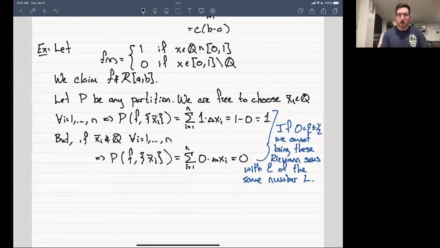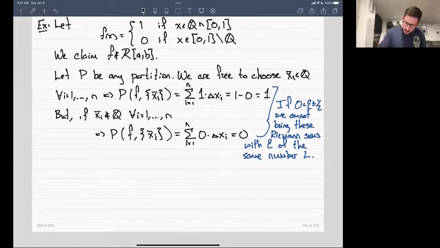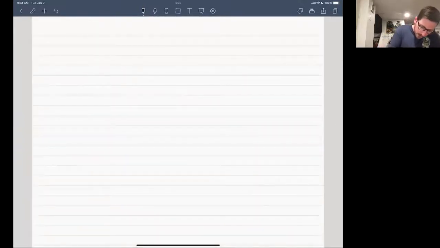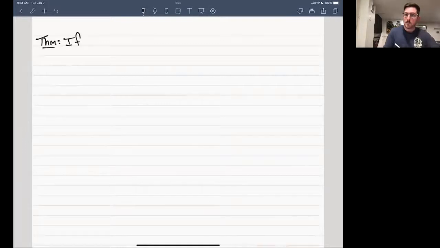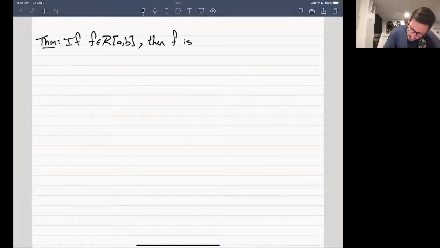Let's take a look at a theorem here. This one is going to help us characterize some of the functions that are Riemann integrable. And this might seem a little counterintuitive to you, especially if you've done a little bit of calculus before this. So if f is a Riemann integrable function, then f is bounded on [a, b].